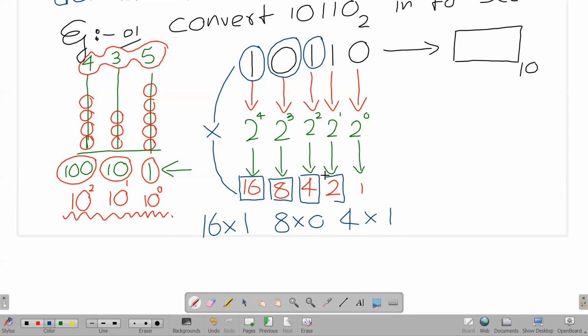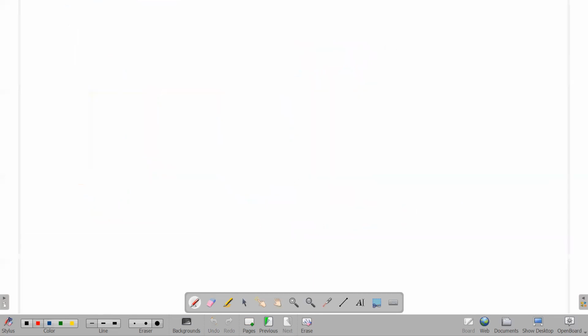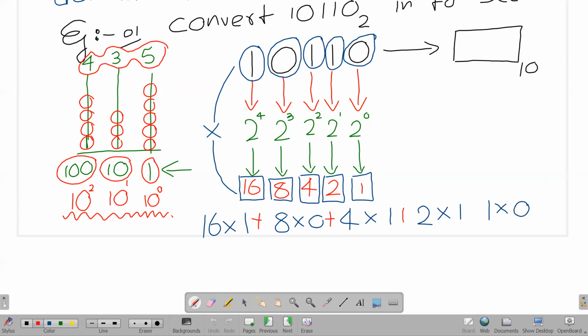Place value 2 is going to give me a multiplication with 1 again, so 2 into 1. Place value 1 is going to give me a multiplication with 0, so that means 1 into 0. And multiplication is not the only thing we are going to do. Once we get the values of the multiplication, we are going to add these up.